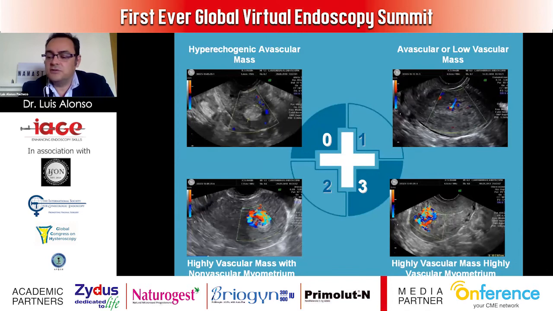And some years ago, we described 4 different patterns of ultrasonography in the case of retained products. What we call type 0 is a hyperechogenic avascular mass in white color. Type 1 is an avascular or low vascular mass.